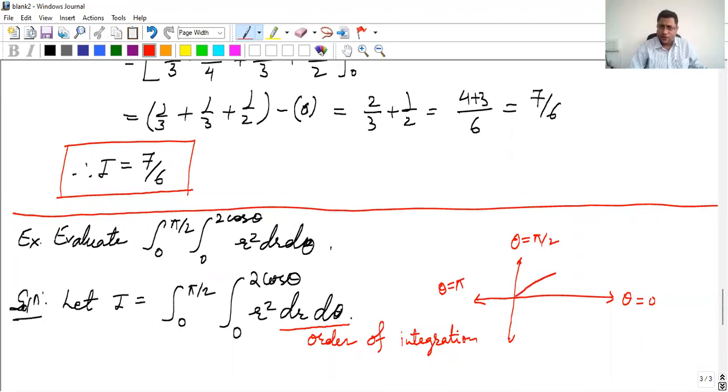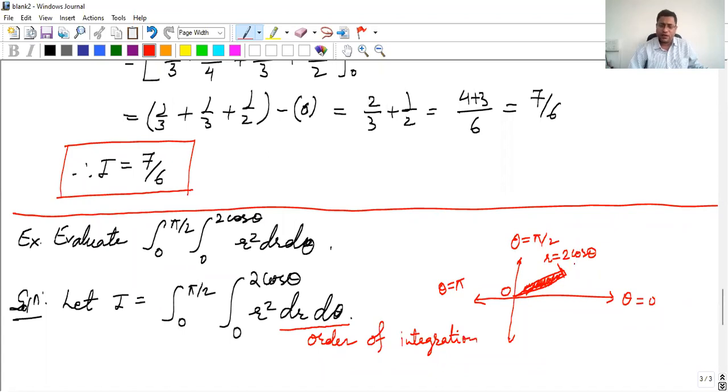In this case, we have the radial strip. So this is 0, and here r is going up to 2 cos theta.